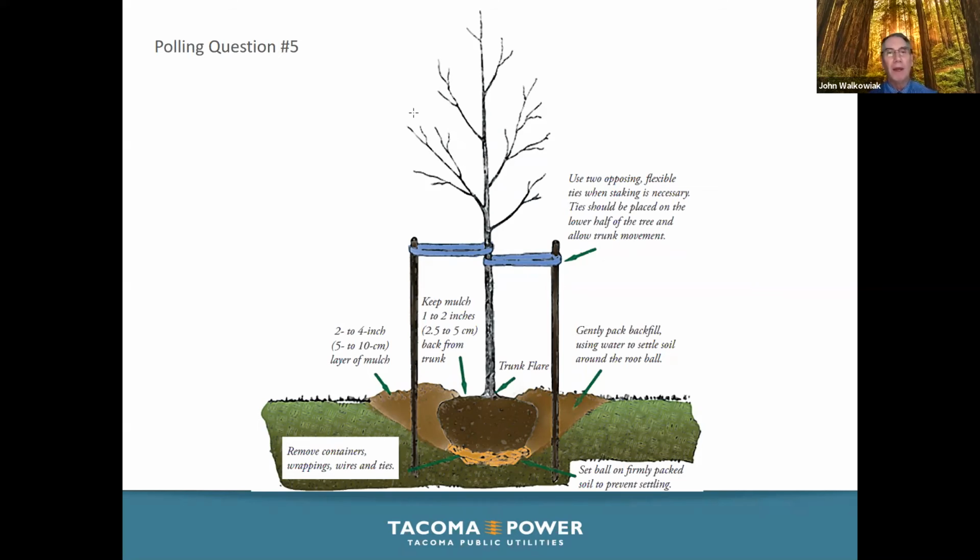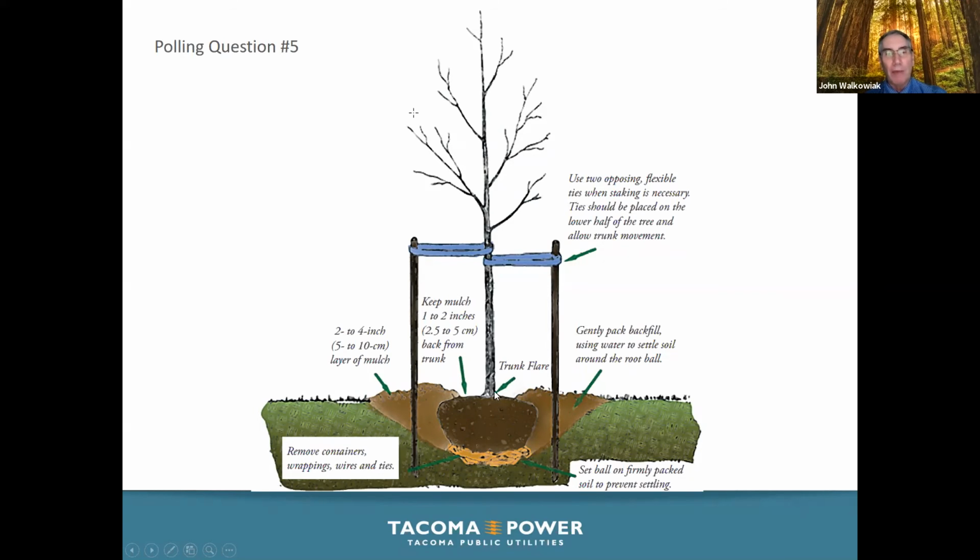Okay, excellent. So again, here's a really good example of a planting site. If I could have done this live with everybody, this is what we would be doing right now. You can see that we made our planting hole roughly 2 to 3 times wider than the root ball. We made sure that the ball of the tree was setting firmly on the ground. We don't want it too deep.